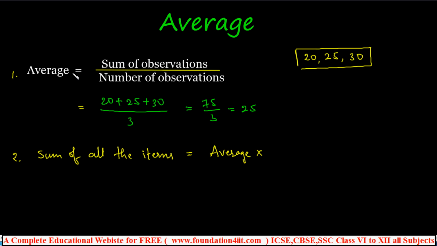In short, average is equal to the sum of observations by the number of observations. If you want the sum of observations, then taking the number of observations to the left hand side, it is multiplied. That's why the sum of all the items is nothing but average into number of items. This also will apply in the problems.